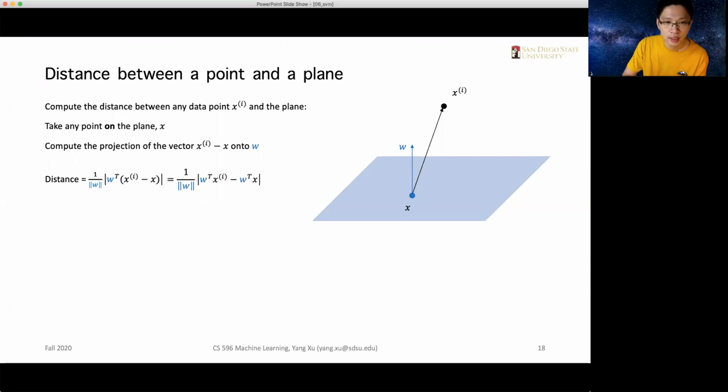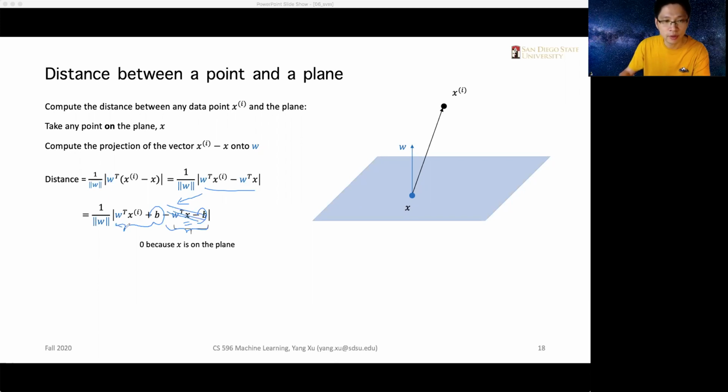Okay, and we can express this distance by making some mathematical transformations like this. And the step from here to here is tricky because we add a b and a minus b so that we have a combination like this, right? We view these two parts of combinations. And that data point x is on the plane, so this part is gone.